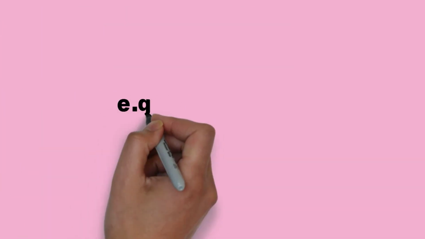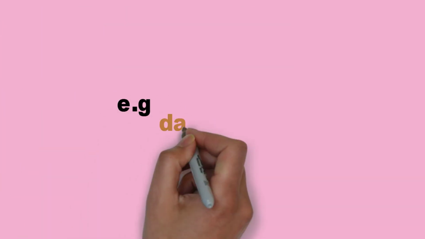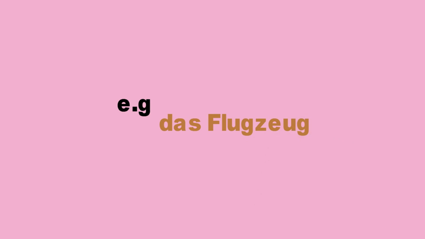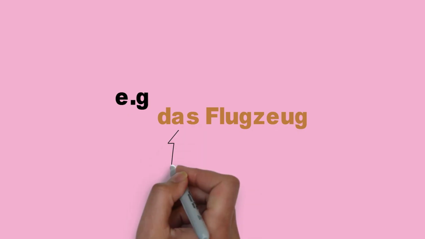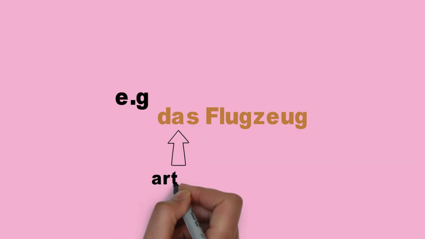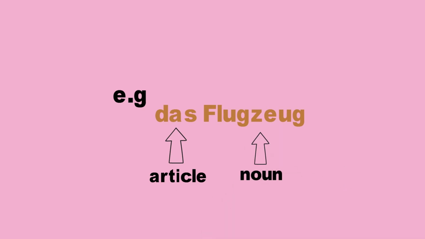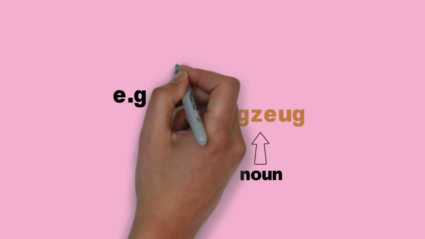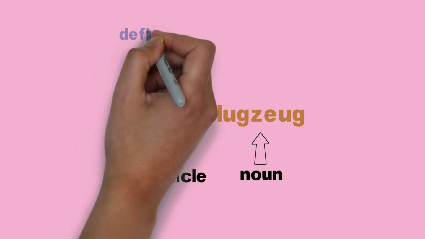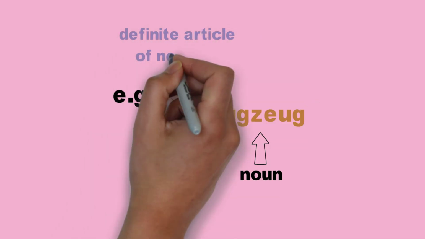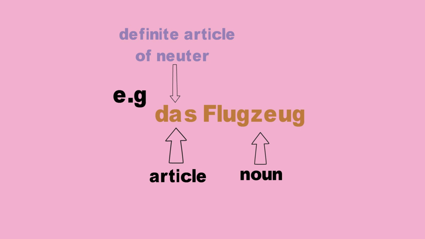We will take one more example. Das Flugzeug. As you know, das is the article and Flugzeug is the noun. Here you should know that das is the definite article of the neuter.